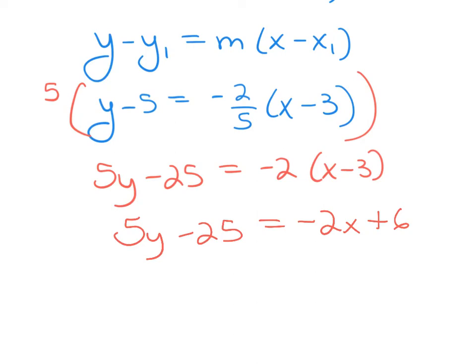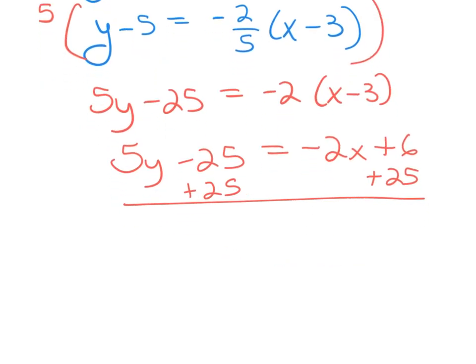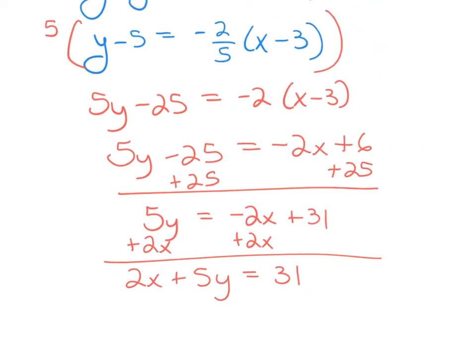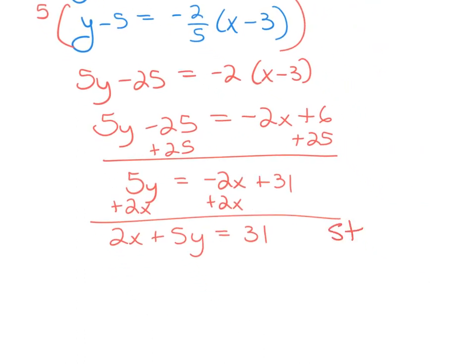I'm going to move my constant over. 5y equals -2x plus 31. Move the 2x over. 2x plus 5y equals 31. So if the question said standard form, we stop here.